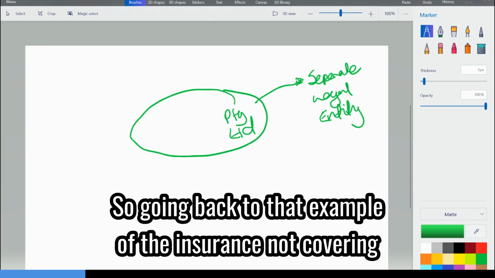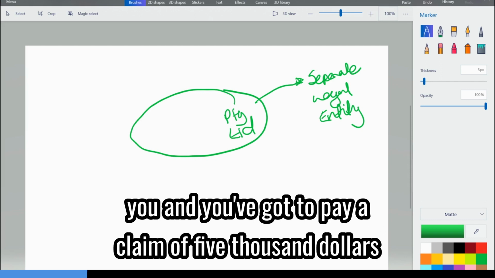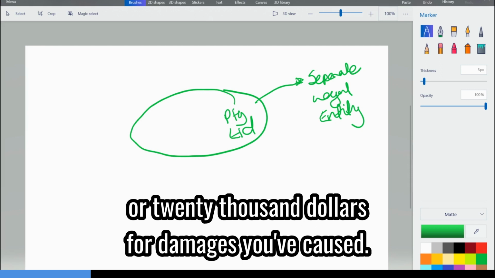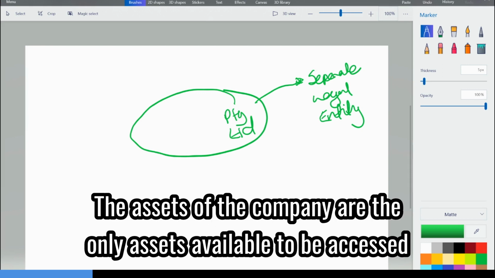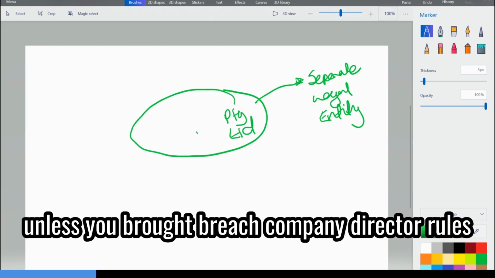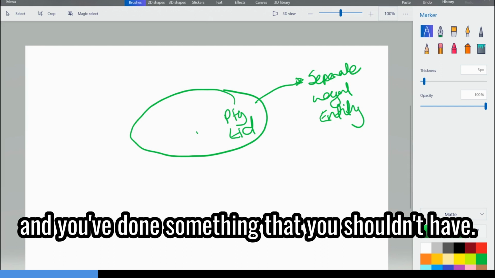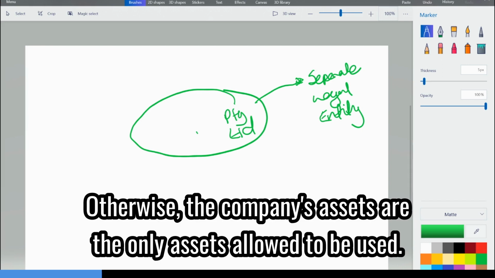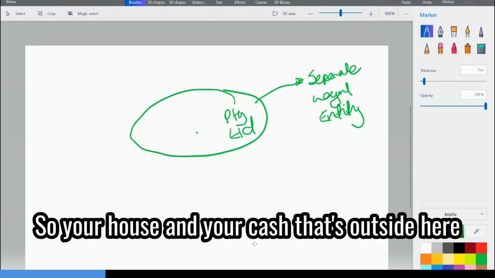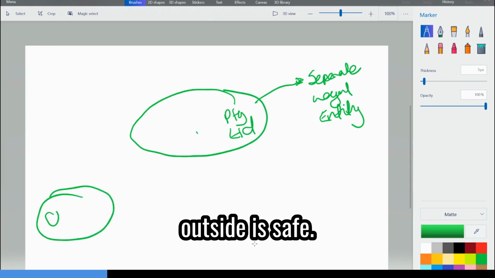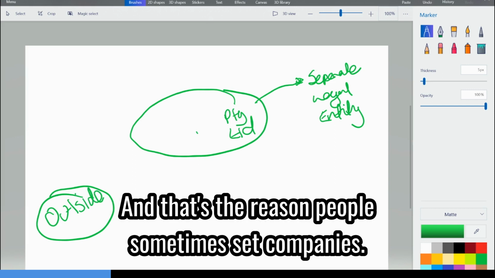Going back to that example of the insurance not covering you, and you've got to pay a claim of $5,000 or $20,000 for damages you've caused, the assets of the company are the only assets available to be accessed, unless you breach company director rules and you've done something that you shouldn't have per ASIC. Otherwise, the company's assets are the only assets allowed to be used. So your house and your cash that's outside is safe. And that's the reason people sometimes set up companies.